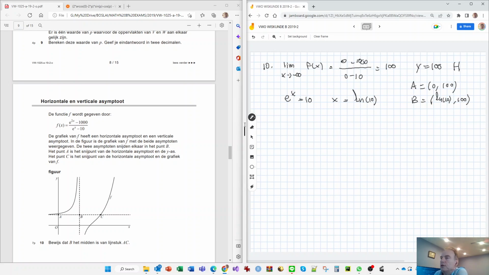And now we need to calculate C. So when is this function equal to 100? So we've got e to the power 2x minus 1000 over e to the power x minus 10 equals 100.